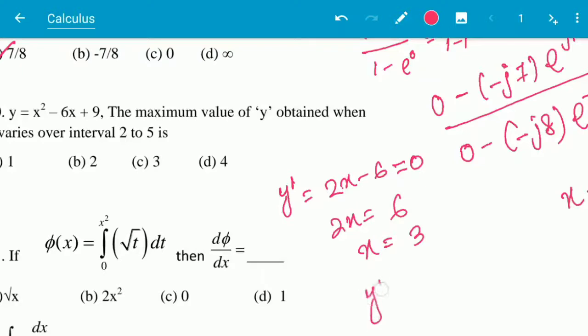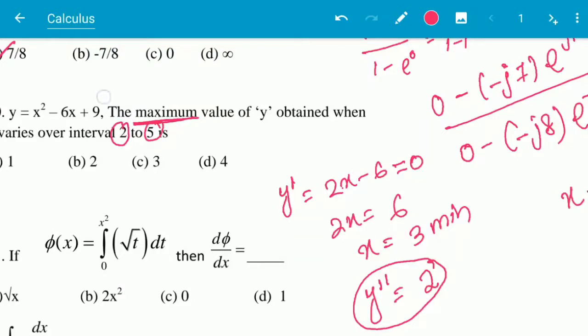So y double dash is equal to 2, which is positive. As this is positive, 3 will be a minimum point, but the question is asking for the maximum, so we have to consider the first and last points. If we put x as 2, this value will be 1, and if we put 5 in place of x, this will be 5 square minus 6 into 5 plus 9.